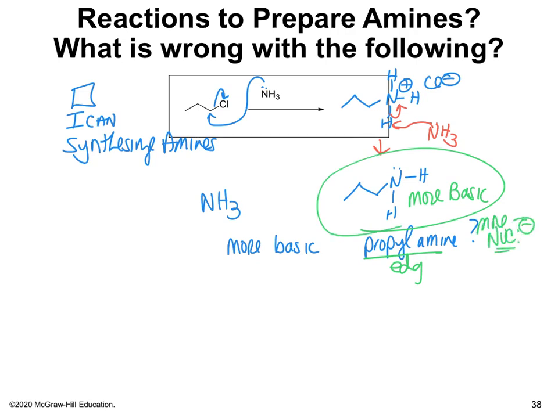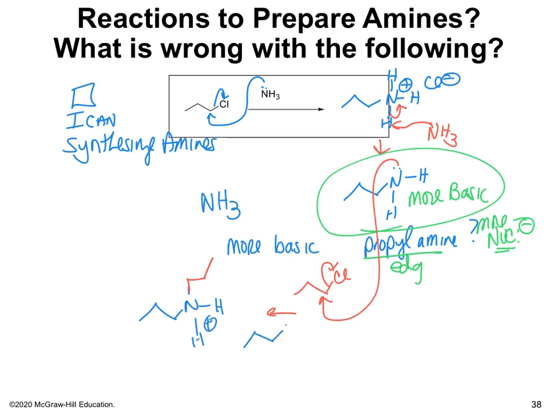So guess what? This compound is then going to react with another one of these propyl chlorides in solution. And so then we're going to get another addition. And then you're going to have something like this, and it's going to deprotonate that because you're in a basic solution.